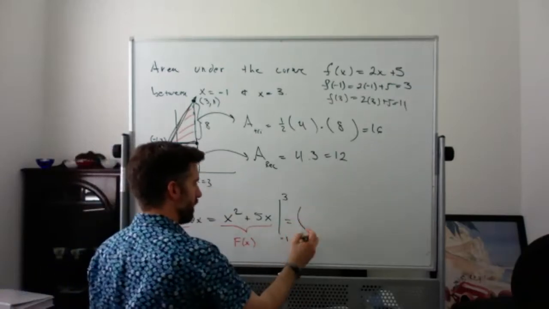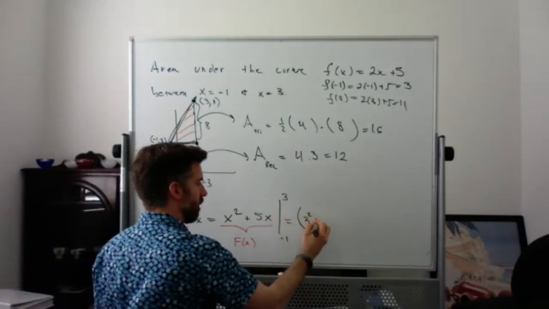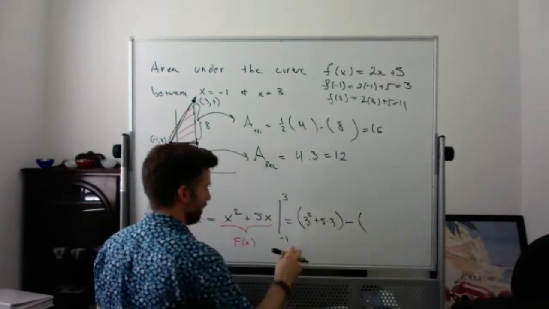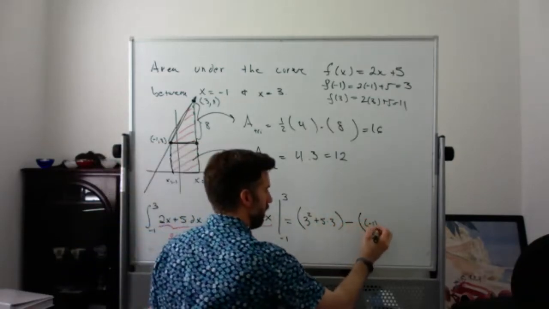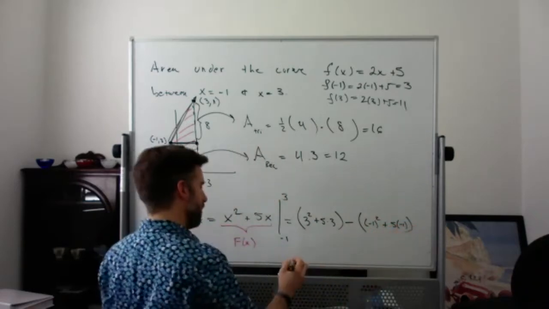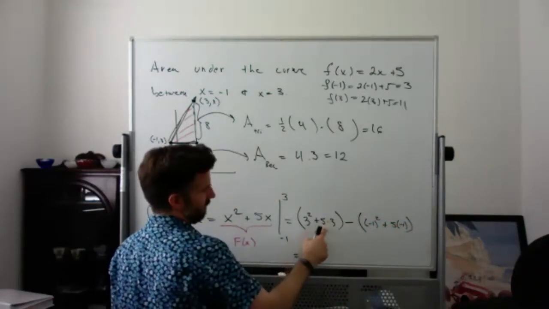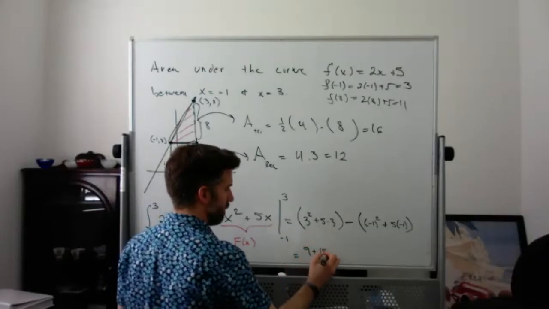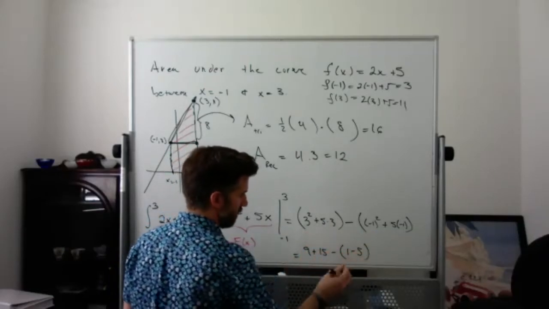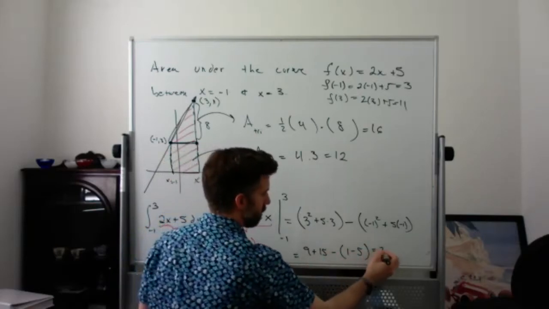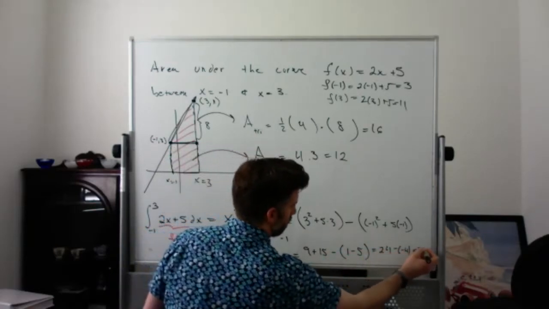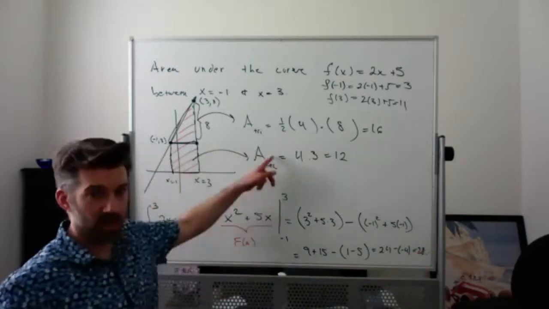So plugging in 3 squared plus 5 times 3, minus plugging in -1, -1 squared plus 5 times -1. Simplifying, you get 9 plus 15 minus 1 minus 5. That's 24 minus -4, which is 28, which is exactly what we got doing it the geometry way.